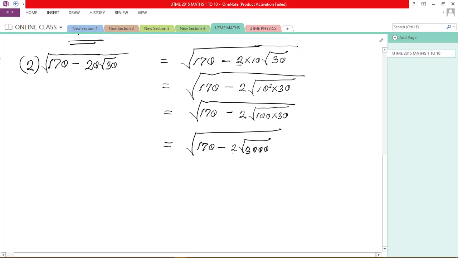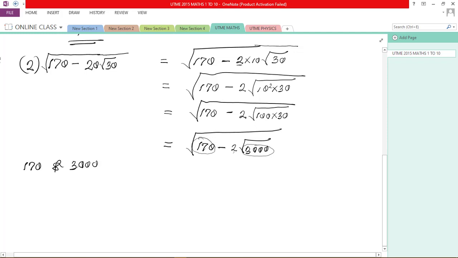Make sure that what you have after the minus or plus is 2. When you have this, what you have is 170 and then 3000.